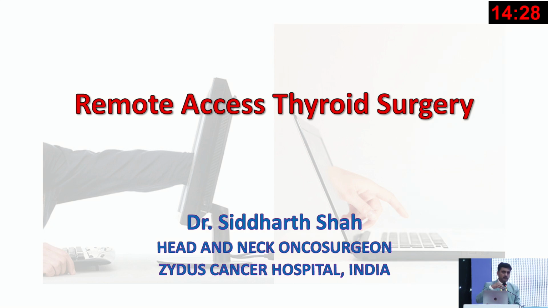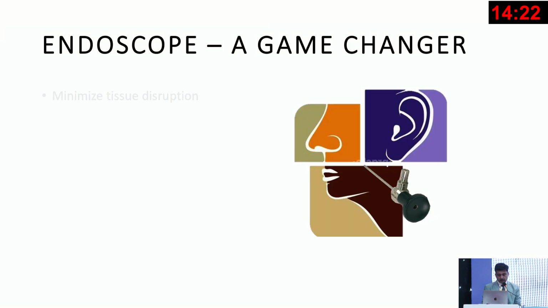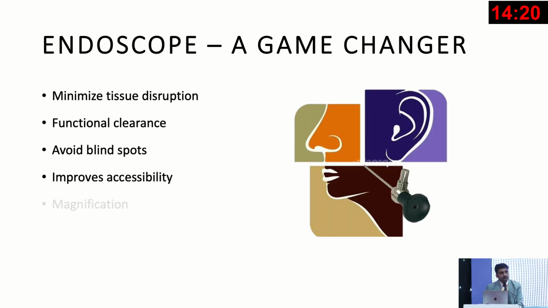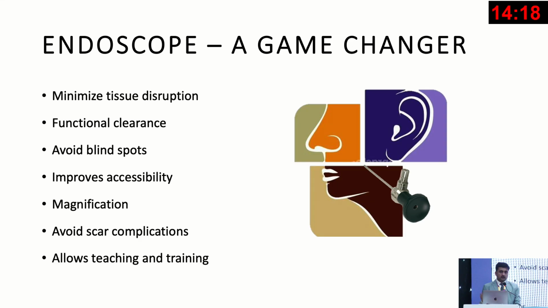Now we have endoscopic approaches for medial maxillectomy and DCR. We do endoscopic ear surgeries as well. We do a lot of microlaryngeal surgeries. So we are going more and more towards minimally invasive or endoscopic approaches to improve our outcomes, to improve our results, as well as to give a better cosmetic outcome to the patient.